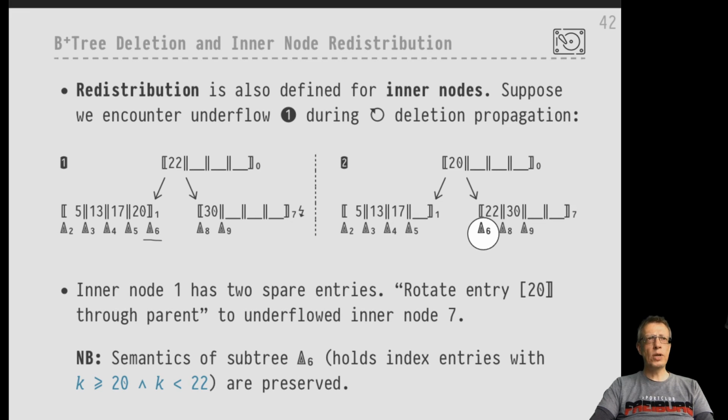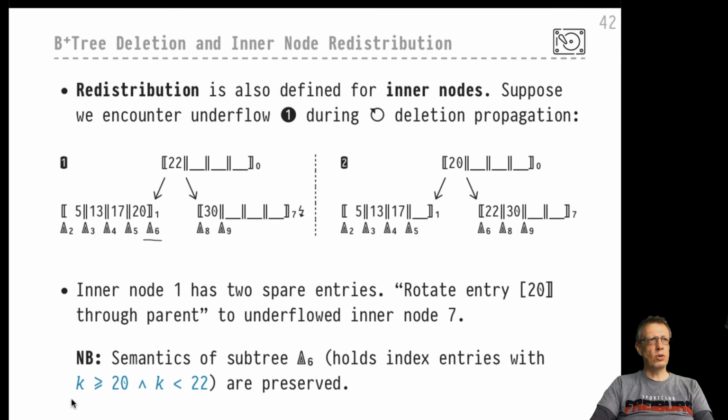Subtree 6 is located down here. So to get there, we have to search for values that are larger or equal than 20 and less than 22. This is exactly the situation that we had before on the left-hand side of this diagram. This is the condition that characterizes the entries in subtree 6 before and after this tree manipulation.